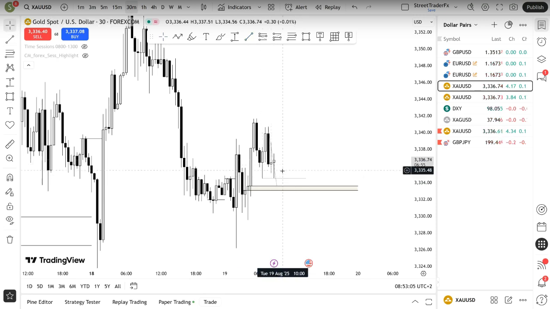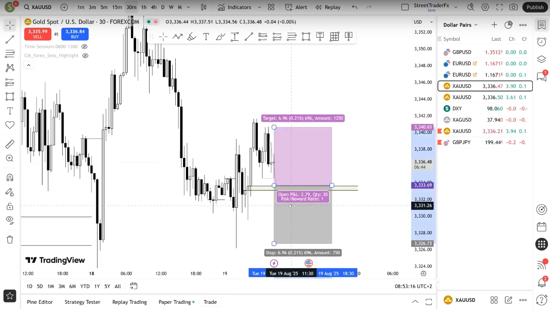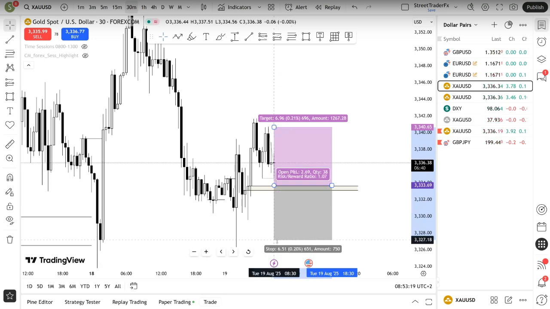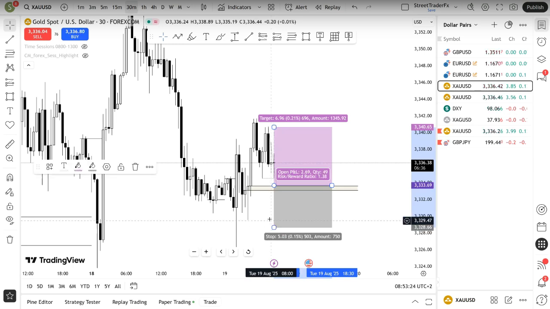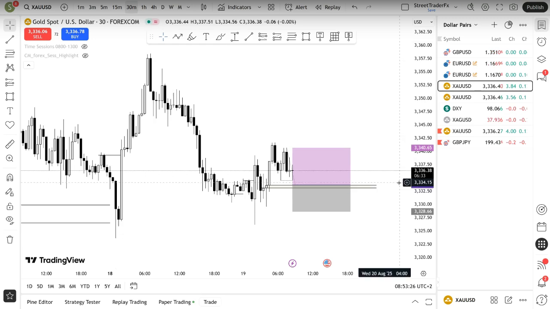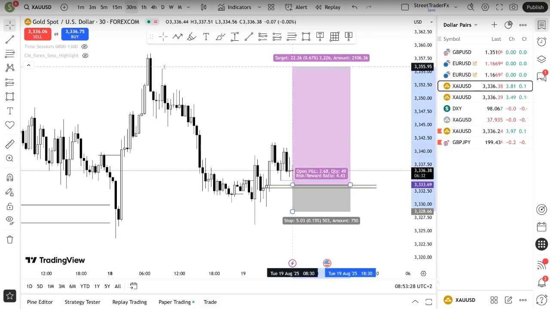So this is your liquidity. Equal lows equals liquidity, right? And then possible entry right here, with your 50 stop loss, meaning that you'd be targeting this QM high right there.